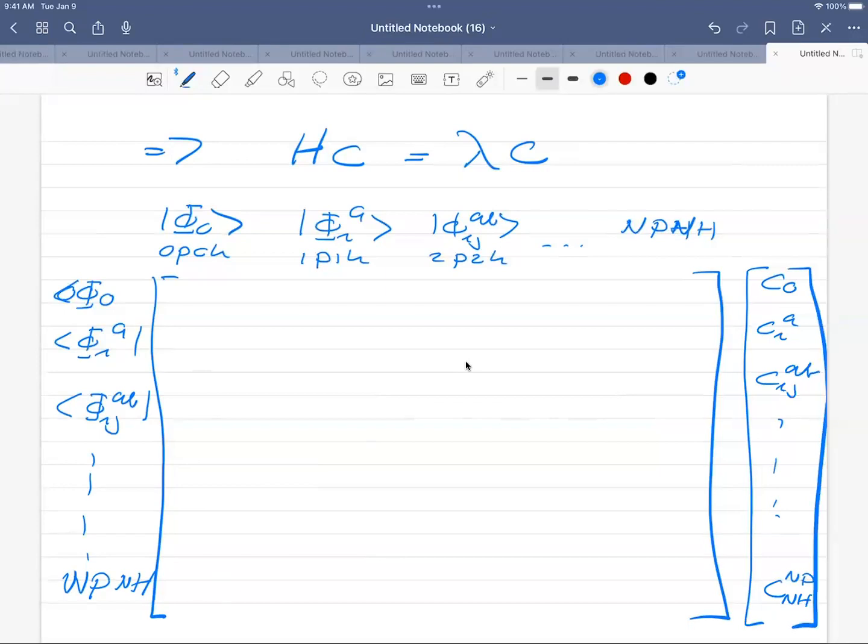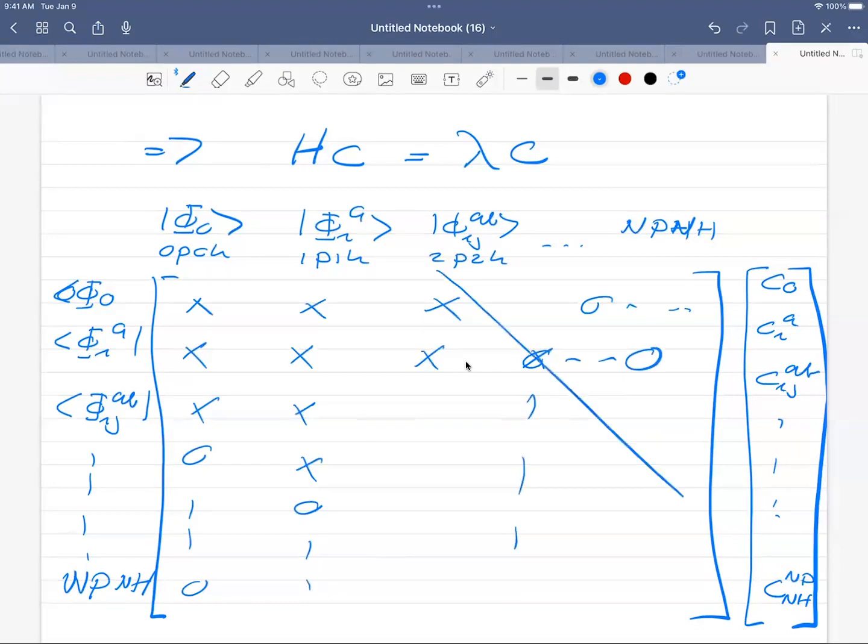And in here you have matrix elements, and some of them are 0 if you have a two-body interaction, so there will be zeros up here. And these will be non-zero, and then I will have zeros down here, etc. So it's going to be a band diagonal matrix like this, and this is going to be equal to the eigenvector multiplied with the eigenvalue.